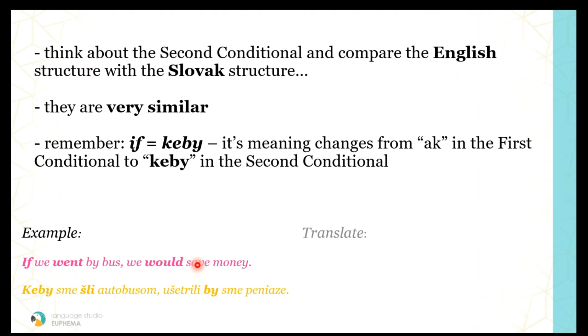Now you can try it. So try to translate this sentence. Keby som mal čas, navštívil by som ich. Keby som mal čas. Of course, you have to use if to start a sentence, plus past simple of have, which is had. And again, here we have by.